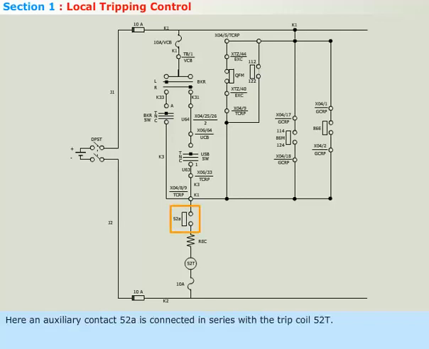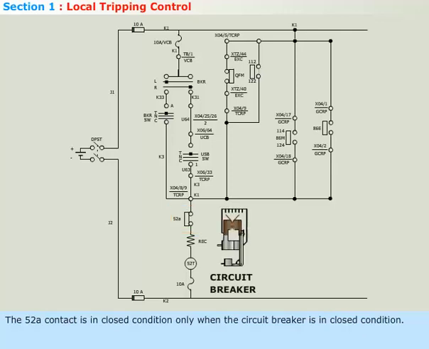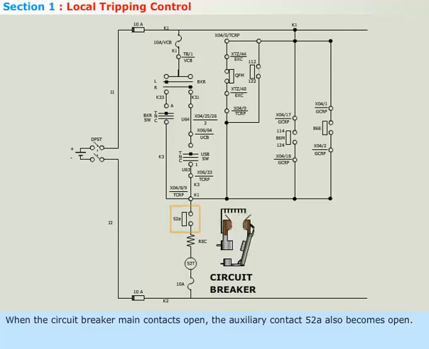Here, an auxiliary contact 52A is connected in series with the trip coil 52T. The 52A contact is in closed condition only when the circuit breaker is in closed condition. When the circuit breaker main contacts open, the auxiliary contact 52A also becomes open.